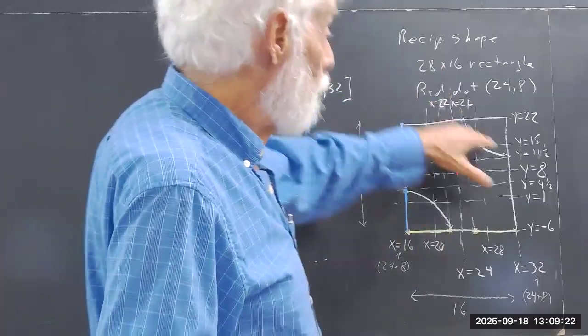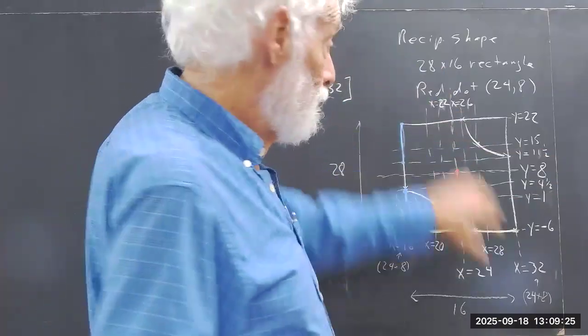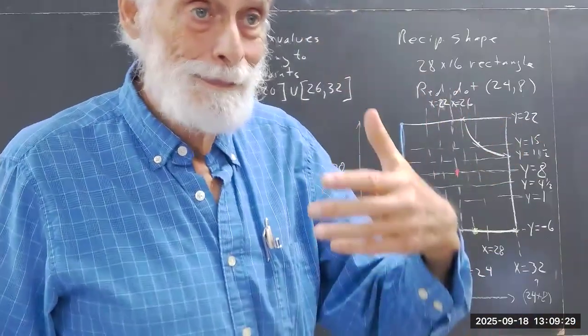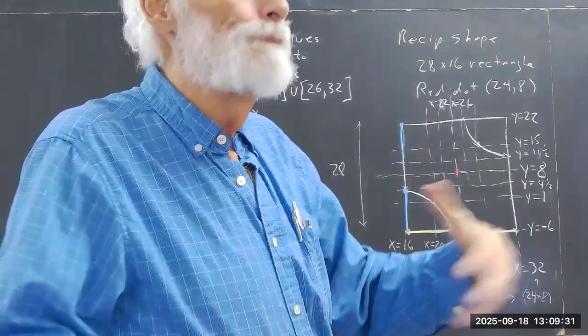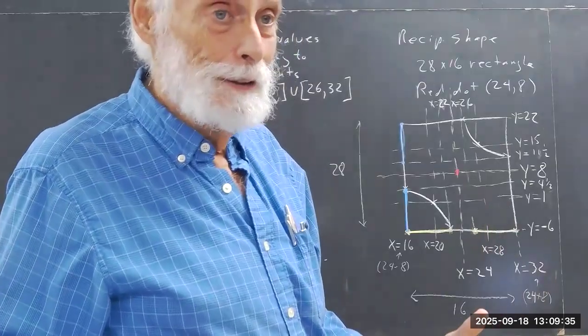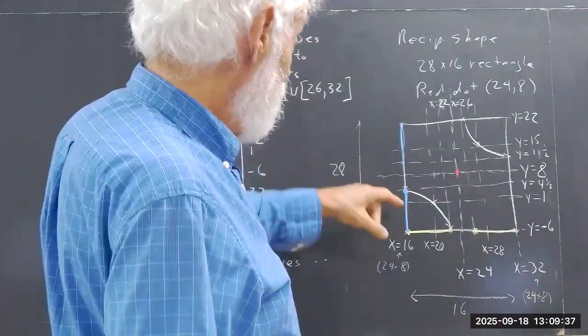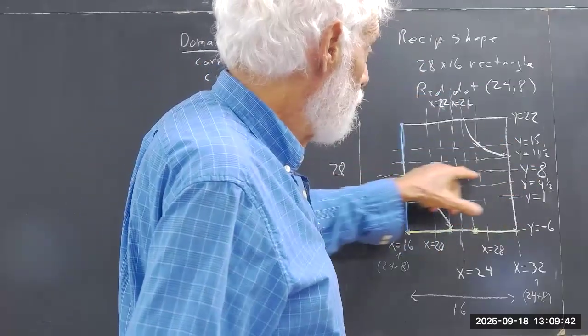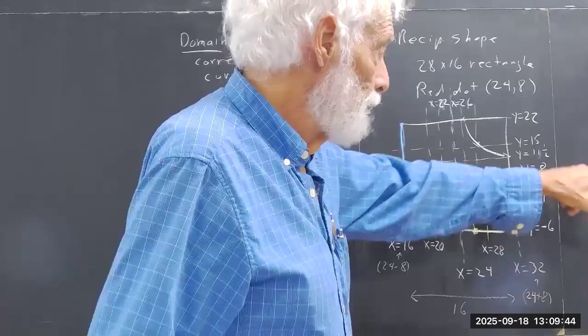Now, this is part of a curve that keeps going. So on the actual function, if we don't restrict the domain unnecessarily, you would have some points between here and here, because this thing keeps going down and keeps approaching the y equals 8 line as an asymptote.